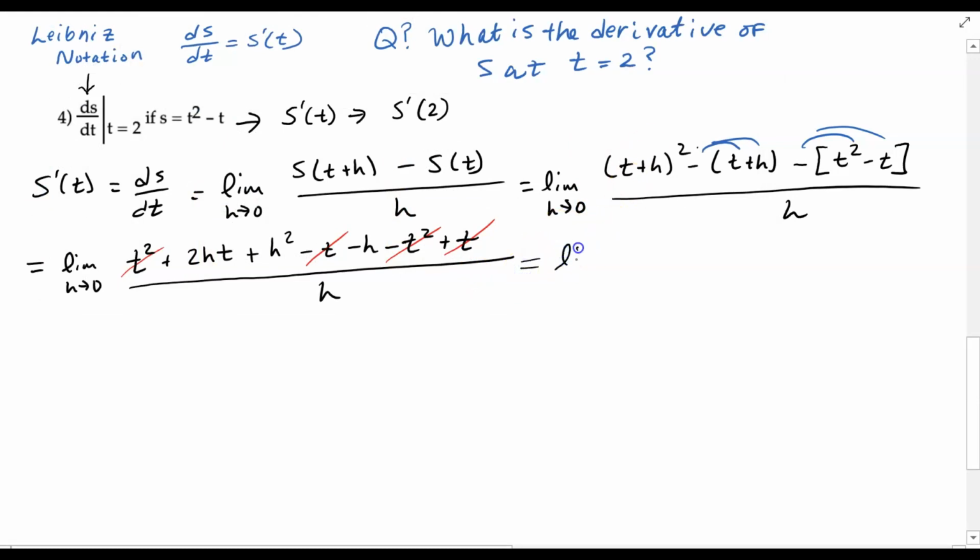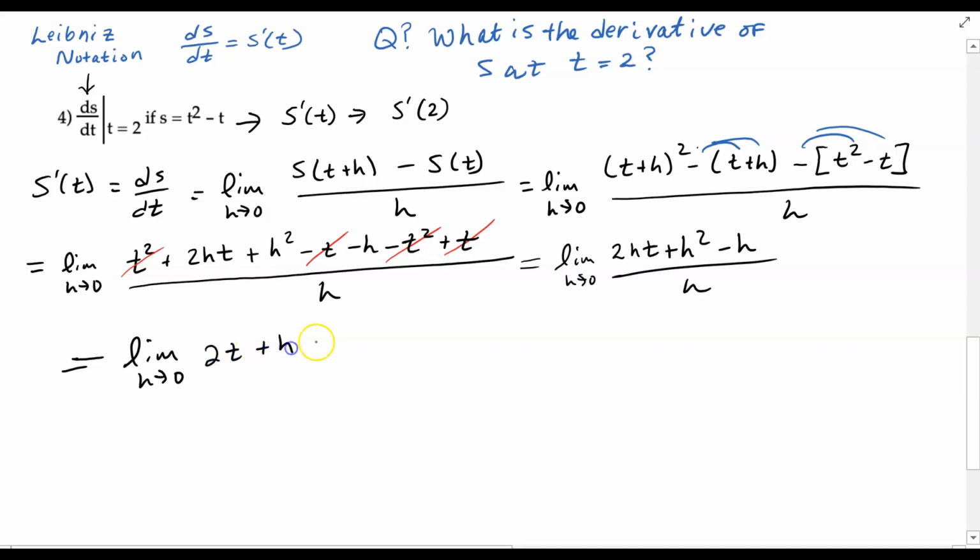So let's see what I get. I get the limit as h approaches 0 of 2ht plus h squared minus h, all divided by h. Let me just rewrite it and then I'll divide. There we go. The limit as h approaches 0 of 2t plus h minus 1.